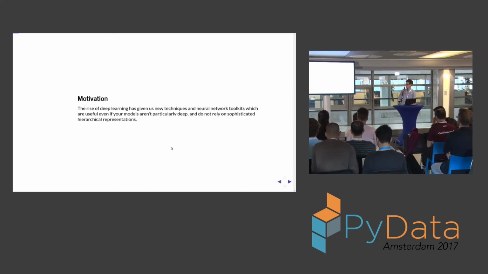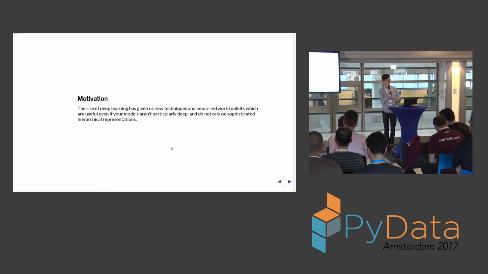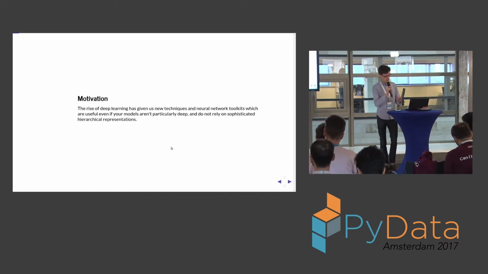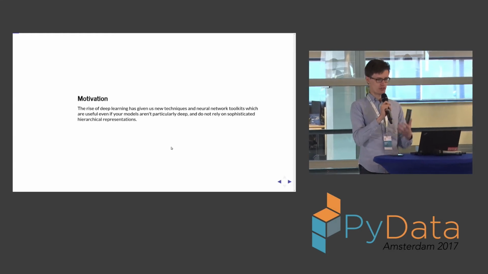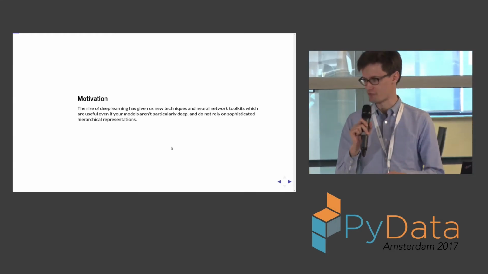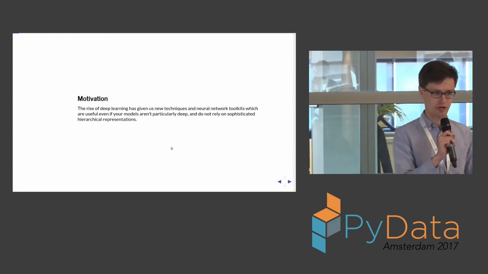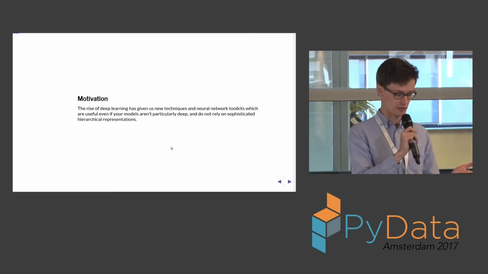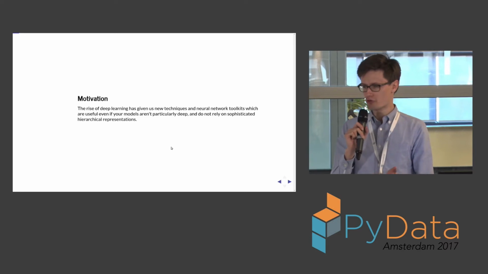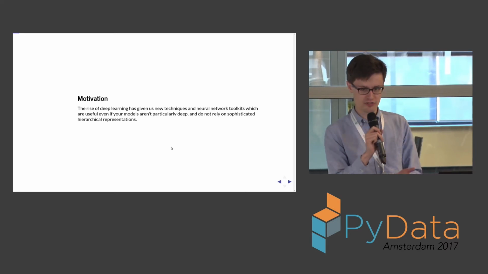Okay, motivation. The rise of deep learning has given us new and wonderful techniques and toolkits to do very fun stuff. It's been incredibly successful in image recognition and in machine translation, and there are some amazing results in reinforcement learning. But what really is the use for recommendations?